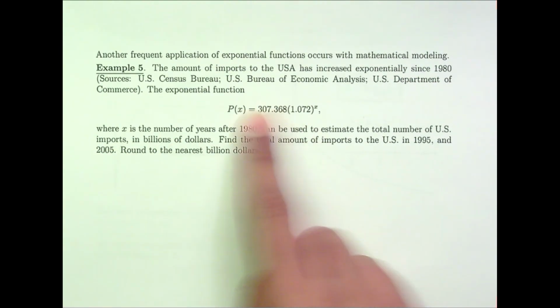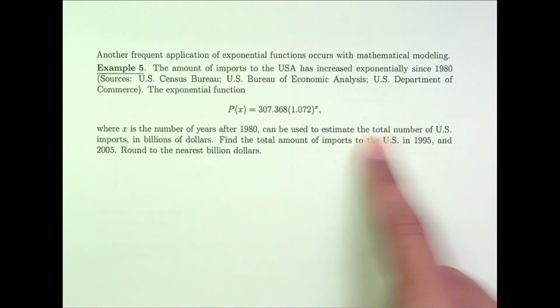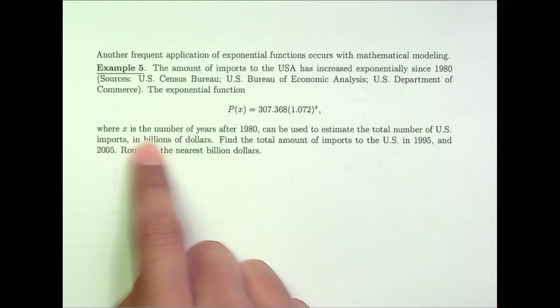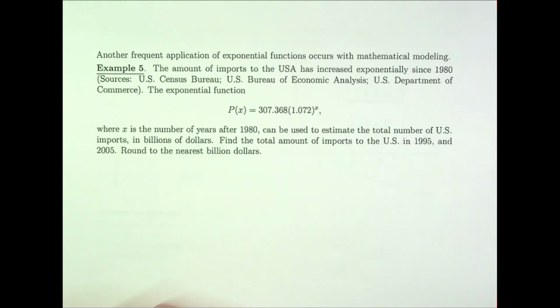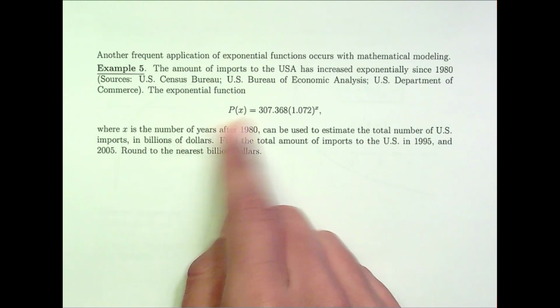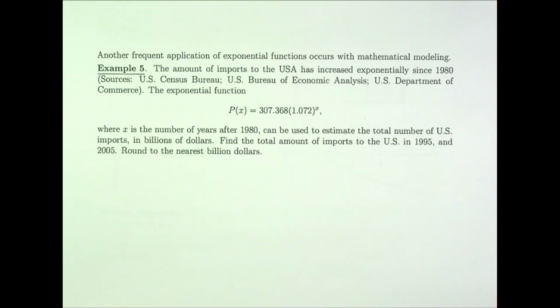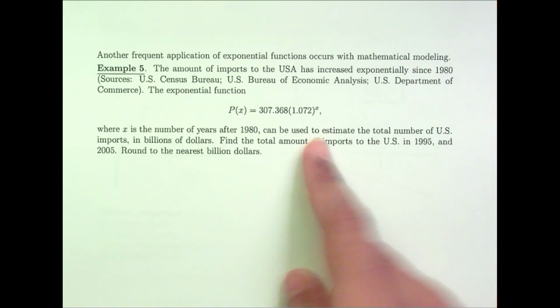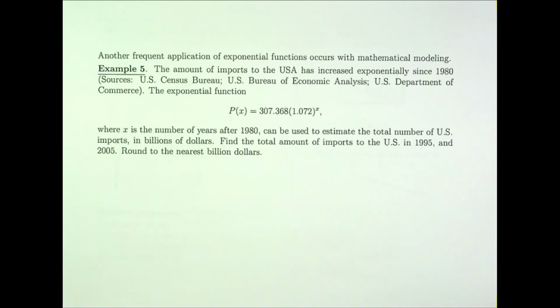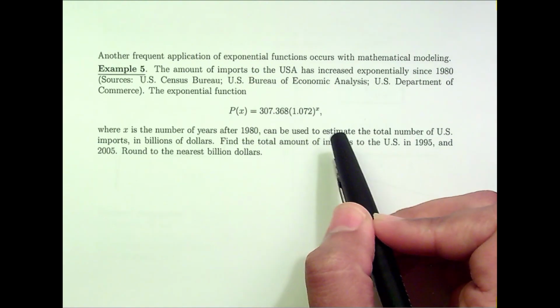This formula right here can be used to estimate the total number of US imports in billions of dollars. So you plug in a number for x here, and that tells you an estimate of the total number of imports that happened in that year. So the question is, using that mathematical model, find the total amount of imports.